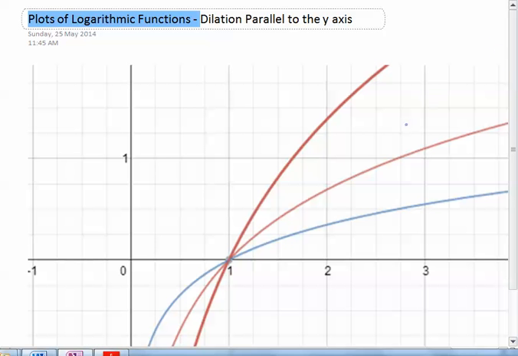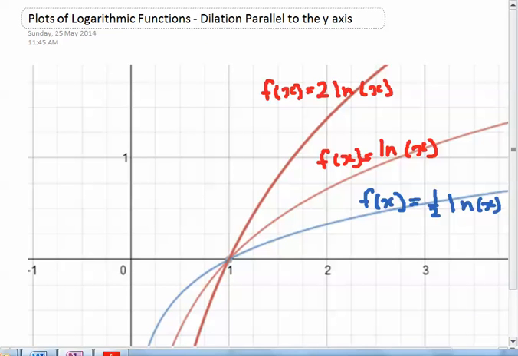Let's move to the y-axis now. Now the big thing here is that your vertical asymptote's not changing. It's still x equals 0. Interestingly, your x-intercept's always the same, isn't it?